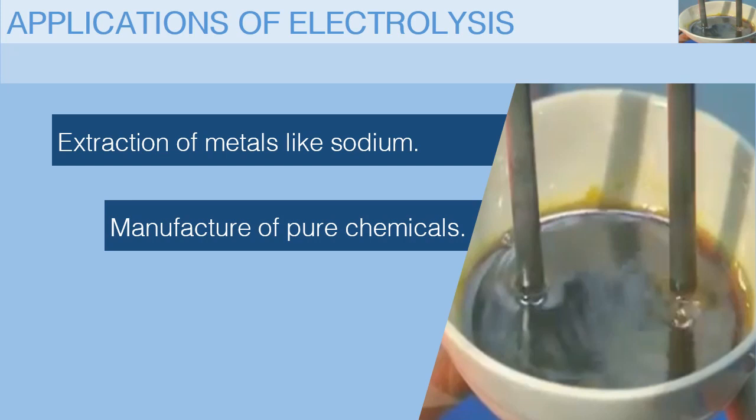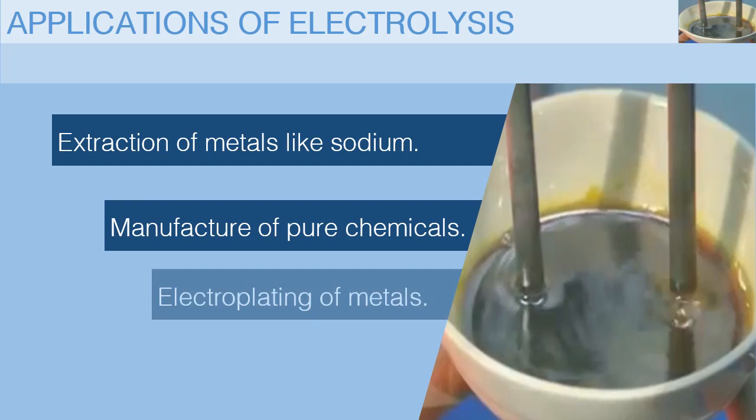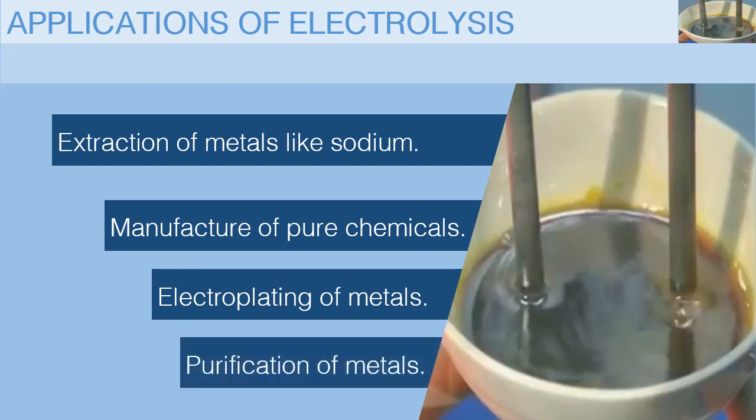Another use is electroplating of metals. When we were in Form 1, we learned that one of the methods of prevention of rusting is electroplating. So electrolysis is used during electroplating of metals to prevent them from rusting and also to improve their appearance. It is also used in the purification of metals such as copper and others.